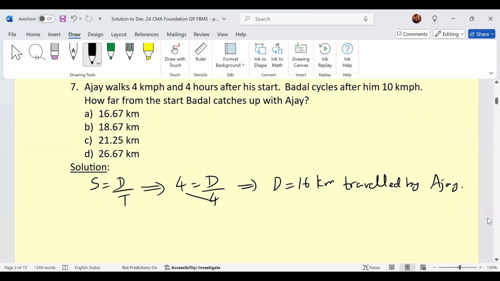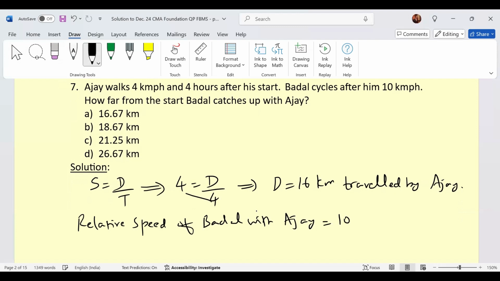Now, they say Badal cycles after him. So the relative speed of Badal in comparison with Ajay will be 10 kilometer per hour minus 4 kilometer per hour, which is 6 kilometer per hour. That will be the relative speed.